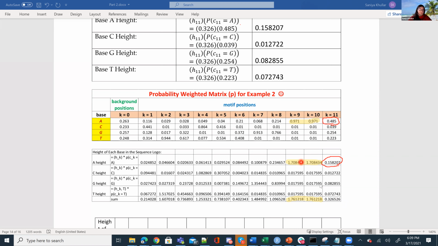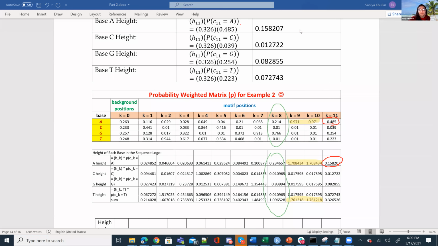Again, these sum up to 1, but I rounded the numbers.